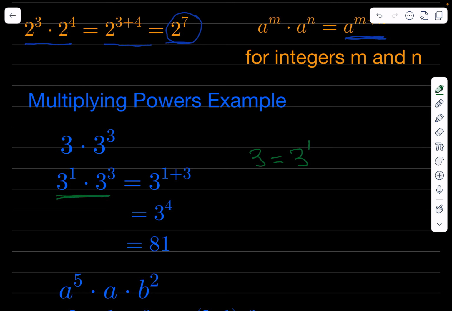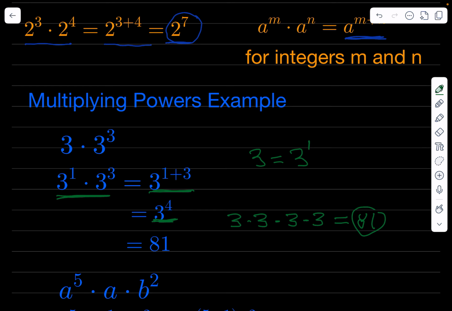So 3 to the 1 times 3 to the third is 3 to the 1 plus 3, which is 3 to the fourth. And if we multiply 3 times 3 times 3 times 3, we will get 81. So that's an example using numbers.